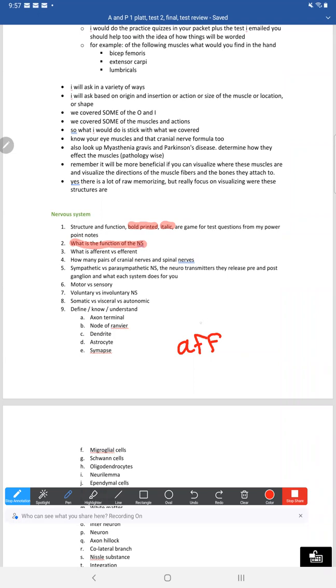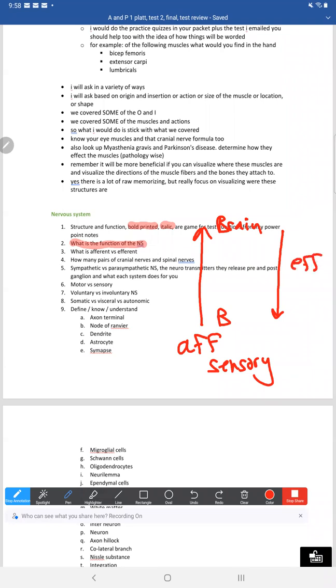Afferent, body to brain, it's also sensory. Okay, efferent is brain to body, and that's motor.